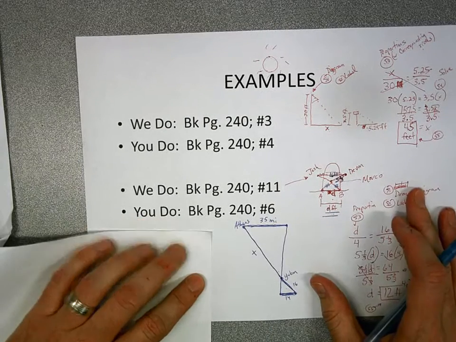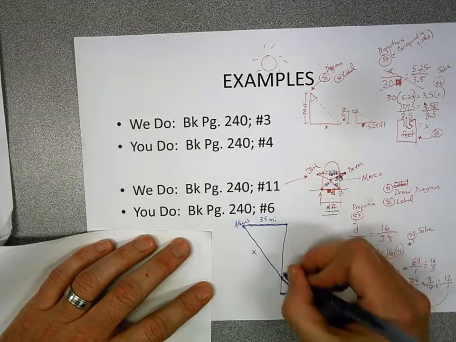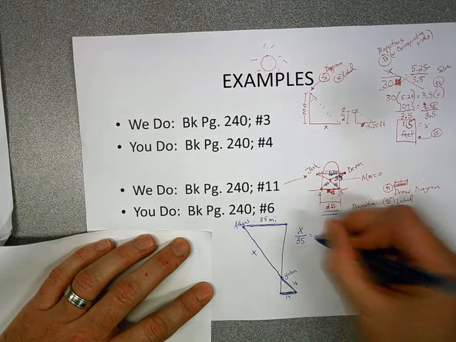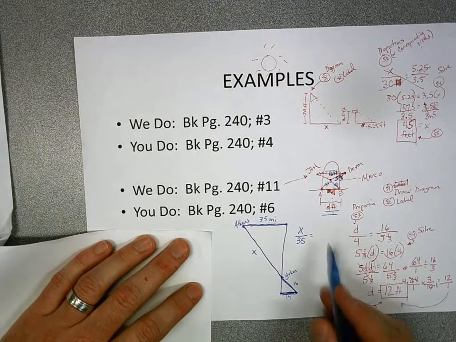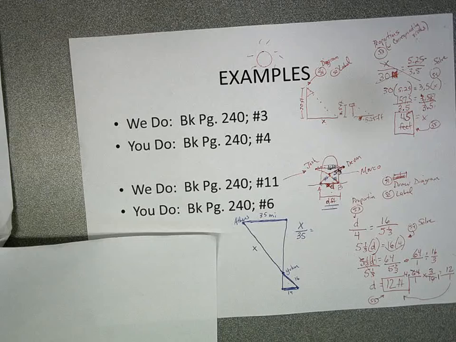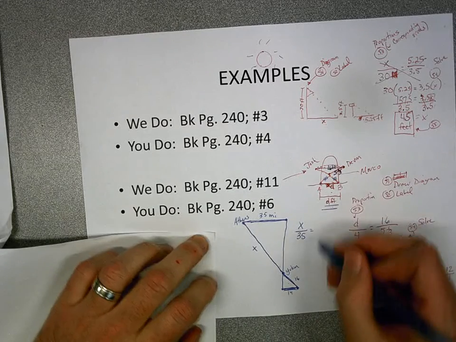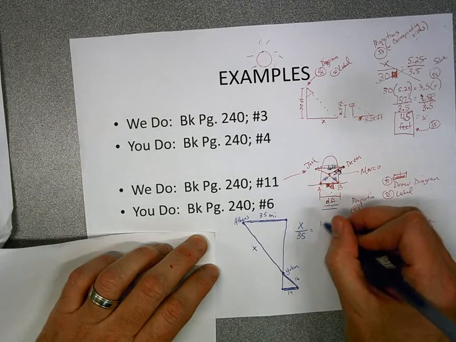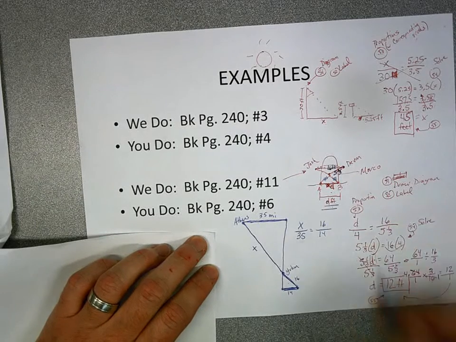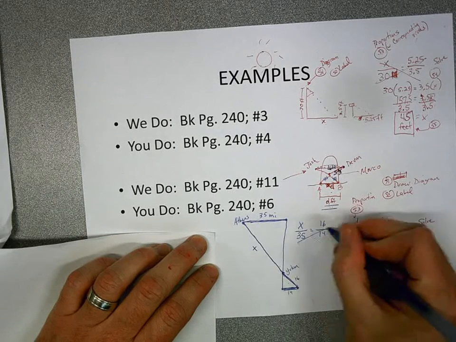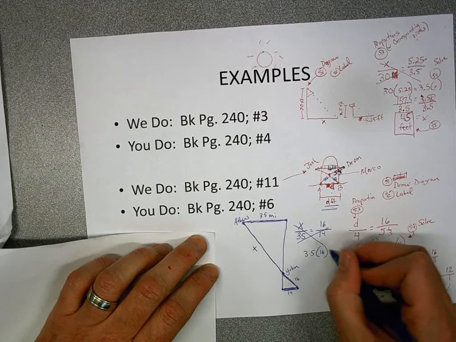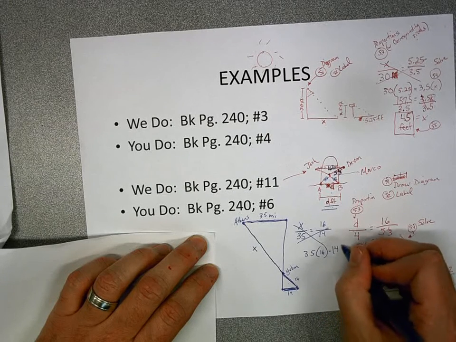So here we go. My hypotenuse over my base, so x over 35 is proportional to my hypotenuse, which in this case is 16, over my base, which is 14. Here we go. Cross products. So we have 35 times 16 is equal to 14 times x.